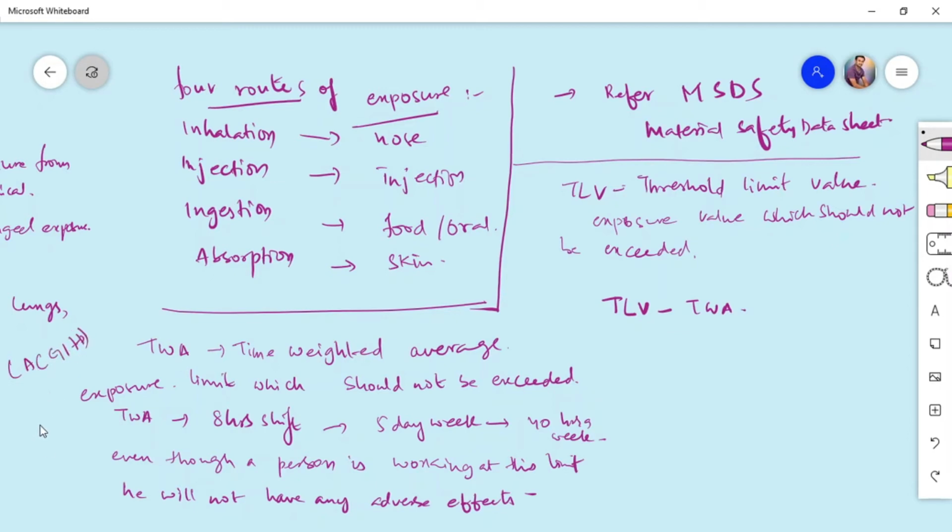If you are not getting values from ACGIH, then you can refer to NIOSH, or go through some CDC material, and you will get these values of TWA. If it is the Factories Act, then go to Schedule 2 of the Factories Act 1948, and there you will get your TLV, TWA values.